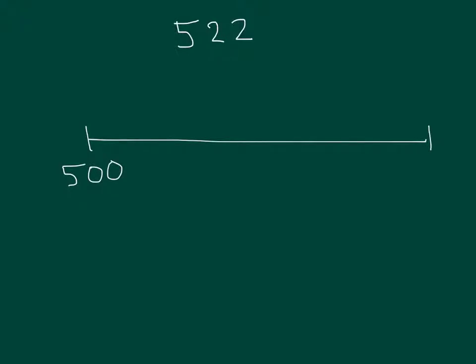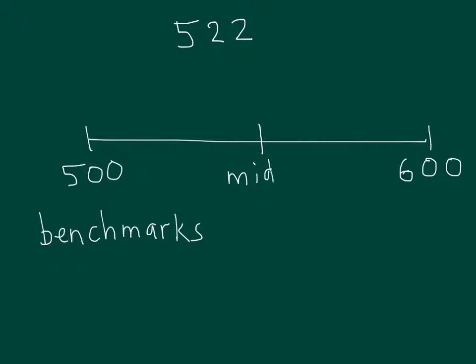Now we need to skip count to the next hundreds place. So from 500 to the next hundreds should be 600. Alright, and we call these benchmarks. So these are easy numbers that we should remember to help us estimate. Now, there's also a special number in the middle, which is called the midpoint.